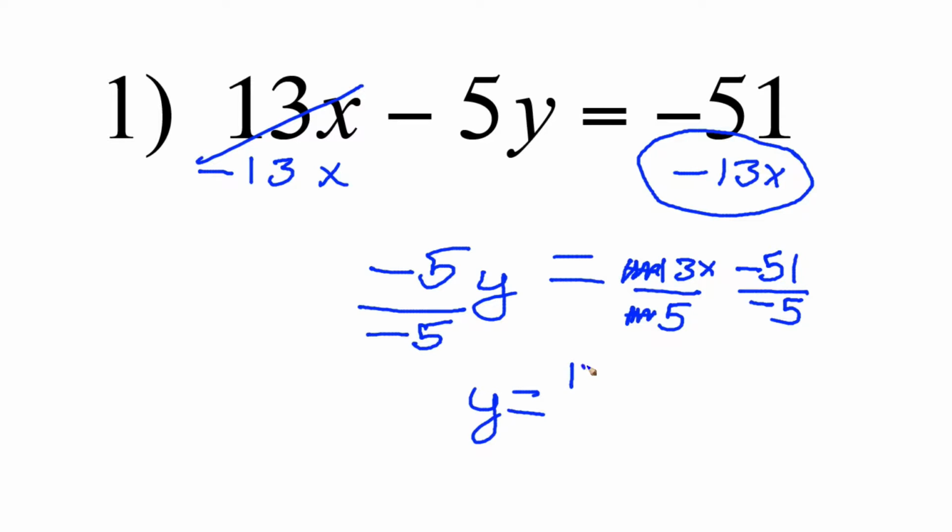So that leaves us with a positive 13 over 5x, plus 51 over 5. Now you can convert this last number into a decimal if you need to for graphing. If we look at that, it's kind of hard to visualize where it is. But if we turn it into a decimal, we'll see it's 10.2. Well, we can figure out 10.2 is just slightly past 10, so that's easy enough.